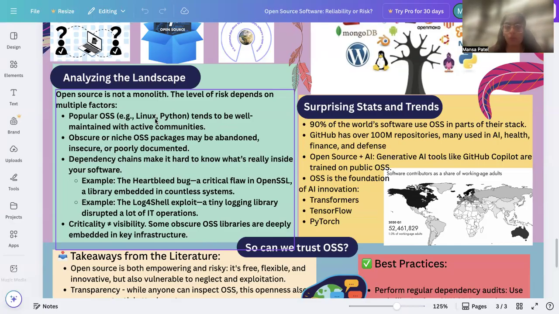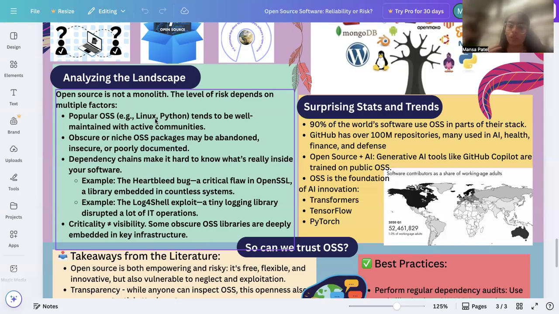Some examples I could think of were the Heartbleed bug and the Log4Shell bug, where some libraries were not maintained, and those were used in other infrastructures, which caused some outages. So clearly, criticality does not equal visibility.